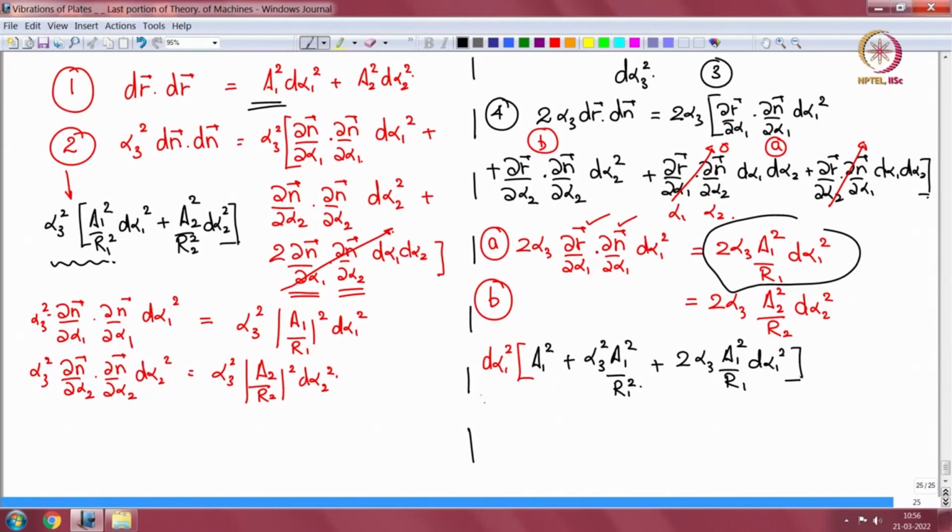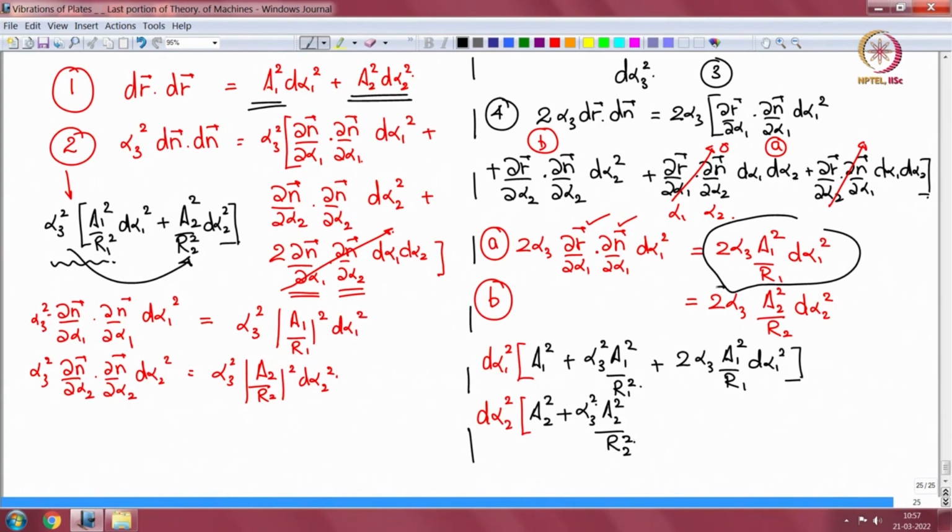Then d alpha 2 squared has this A2 square, then I have this plus alpha 3 squared A2 squared by R2 squared.